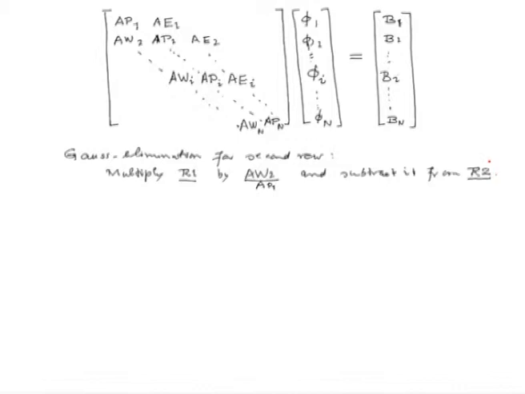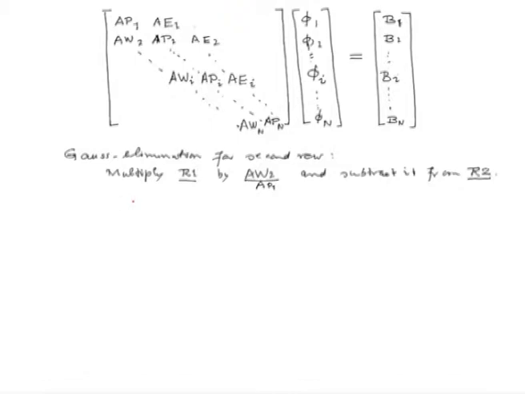Now, you can clearly say which entries of row 2 would be affected when we perform the subtraction process. AW2 would be eliminated, that will become 0. AP2 would be affected, that is all. The AE2 will not be affected, because the entry in the same column in the first row was 0.